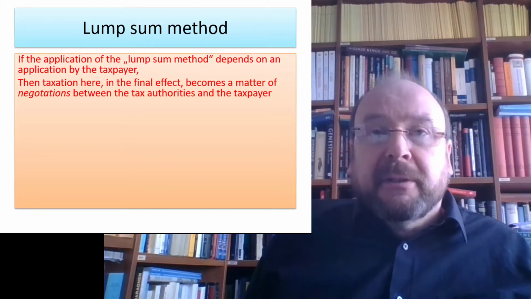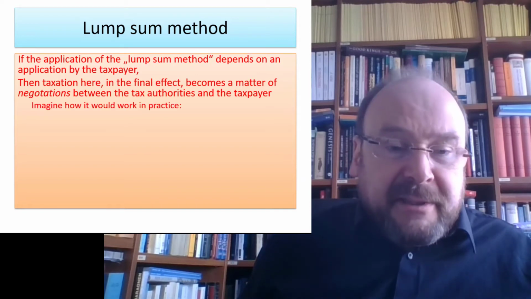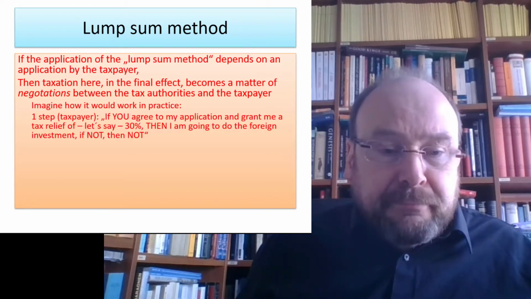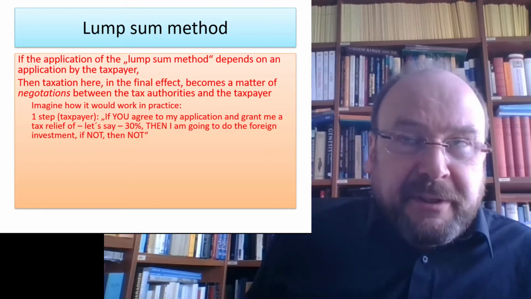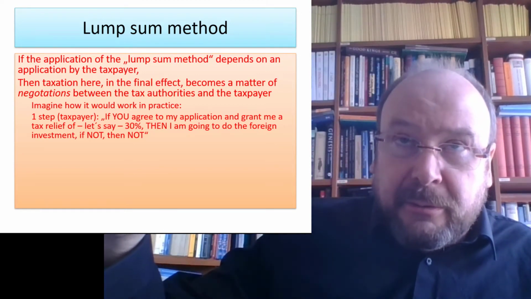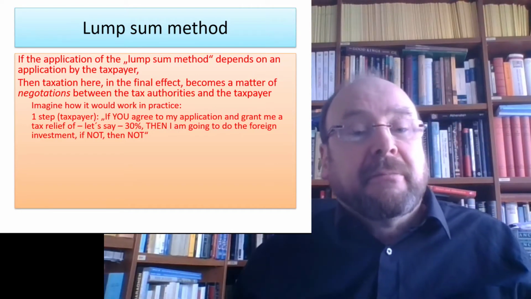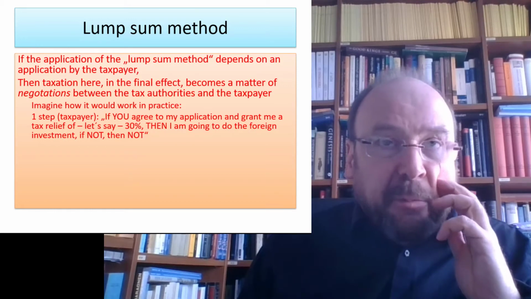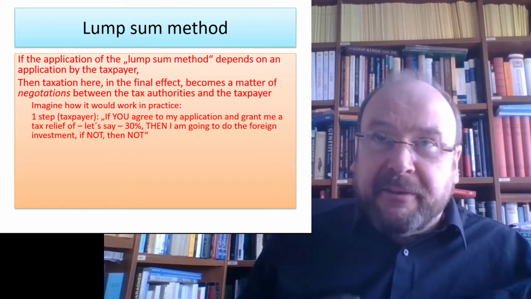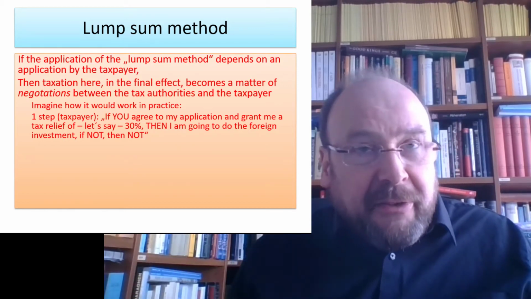For example, step one, you approach the fiscal authorities and say, I have an opportunity to earn abroad 10 million. But then 45% to pay on the 10 million, that's entirely out of the question. That's too much.